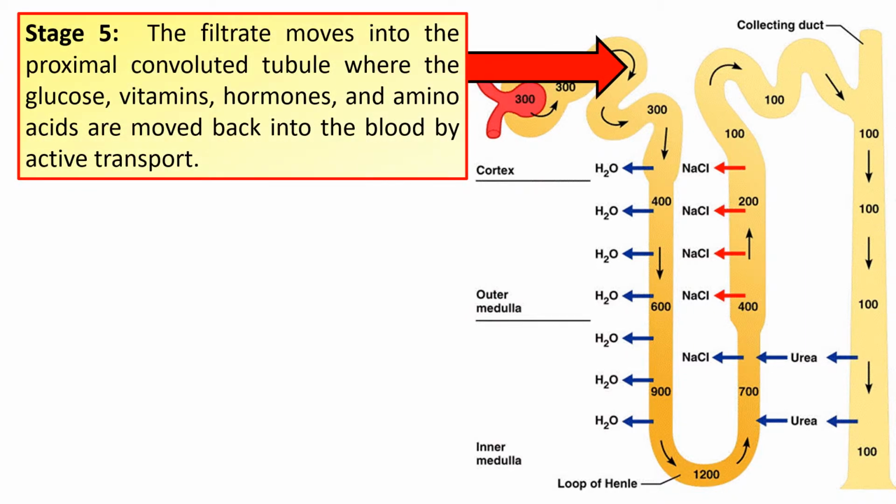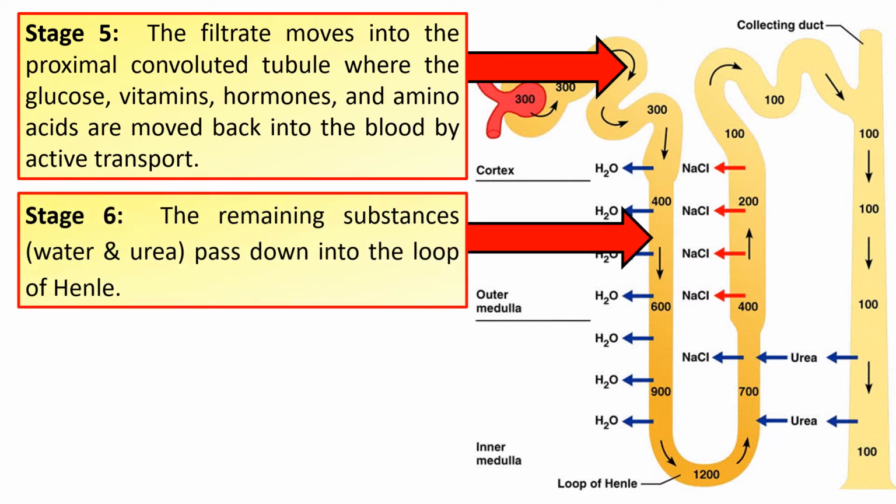The filtrate moves into the proximal convoluted tubule, where glucose, vitamins, hormones and amino acids are moved or reabsorbed back into the blood by active transport. The remaining substances, which consist mainly of water and urea and some inorganic salts, pass down into the loop of Henle.